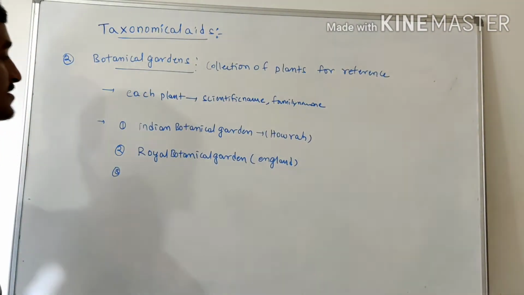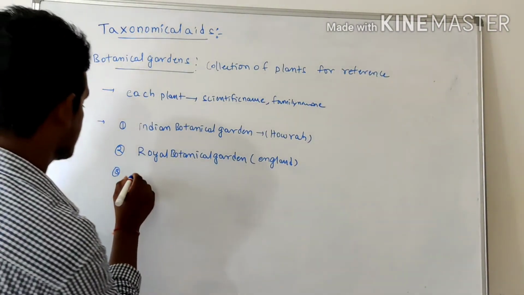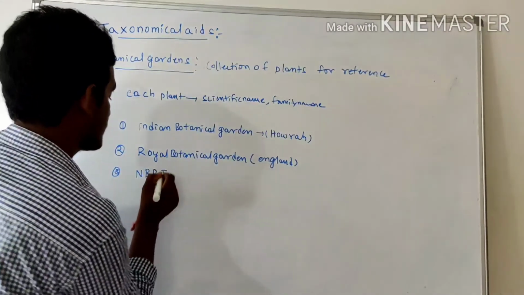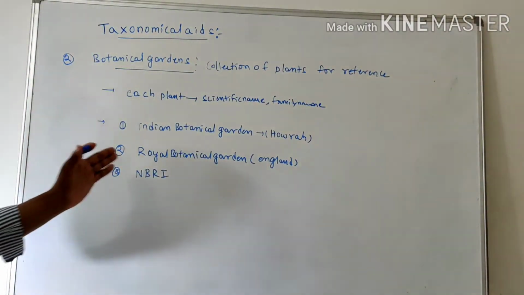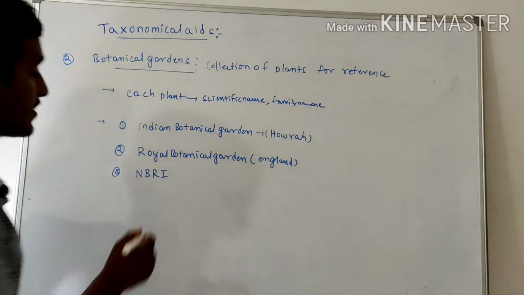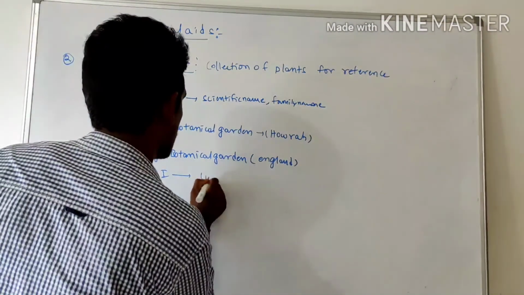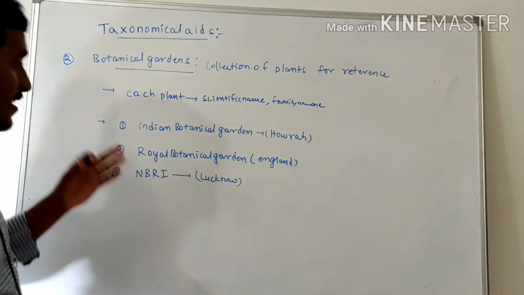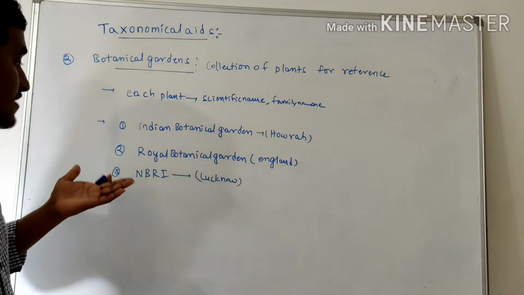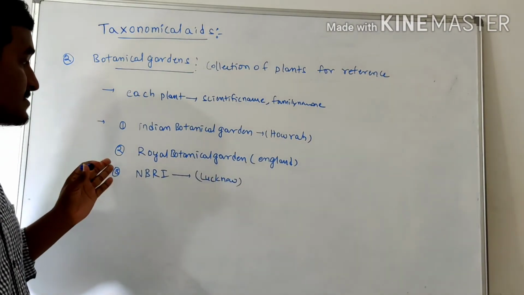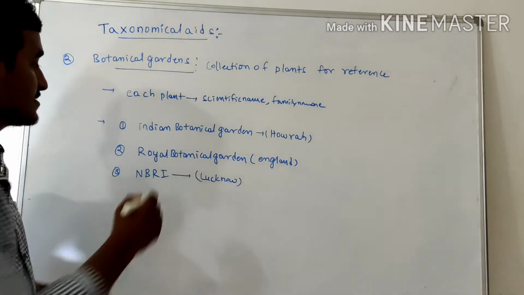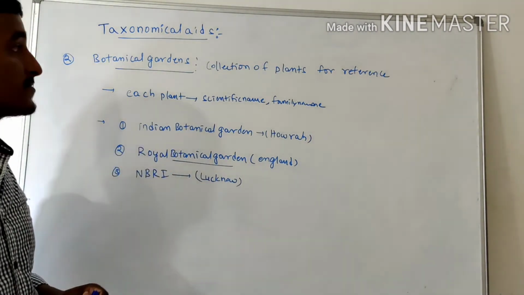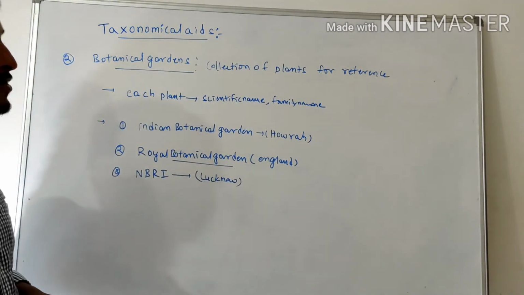Some other botanical gardens include NBRI, the National Botanical Research Institute, located at Lucknow, right? There are some others too, but these are the major botanical gardens in India. Worldwide, the Royal Botanical Garden is the largest one, right? So that is about botanical gardens.